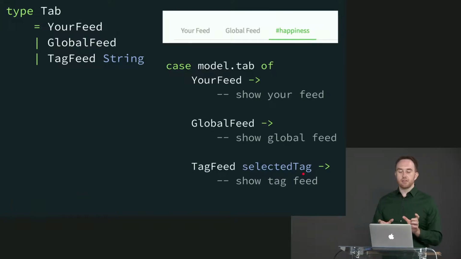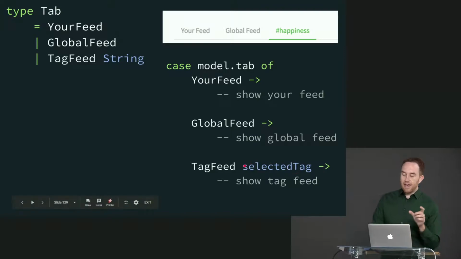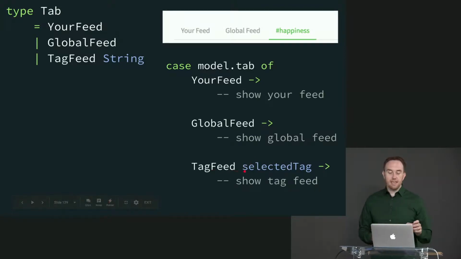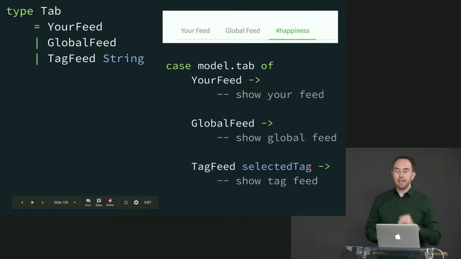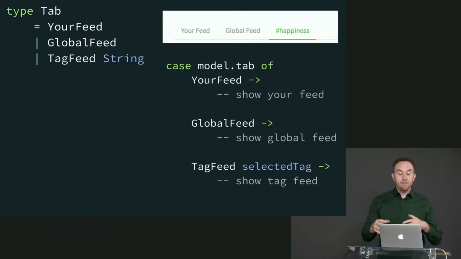This is why there's a distinction between capitalized and uncapitalized things in Elm. If we had TagFeed and then a capital S SelectedTag, what we'd be saying is, I have a TagFeed which contains some custom type variant called SelectedTag. Lowercase means it's a variable. I'm giving this a new name, just like all other variables, function arguments, etc., that all have lowercase names.